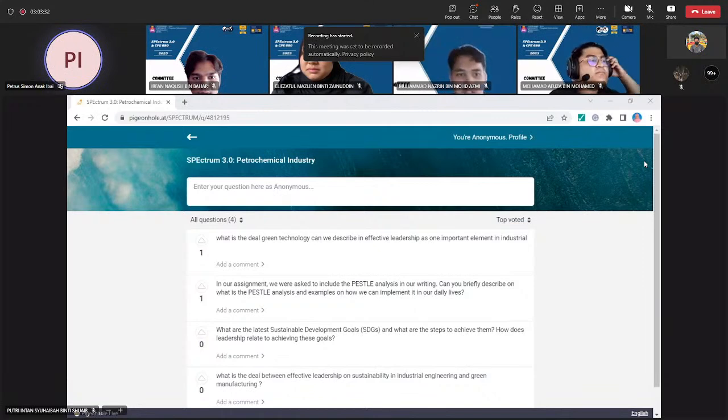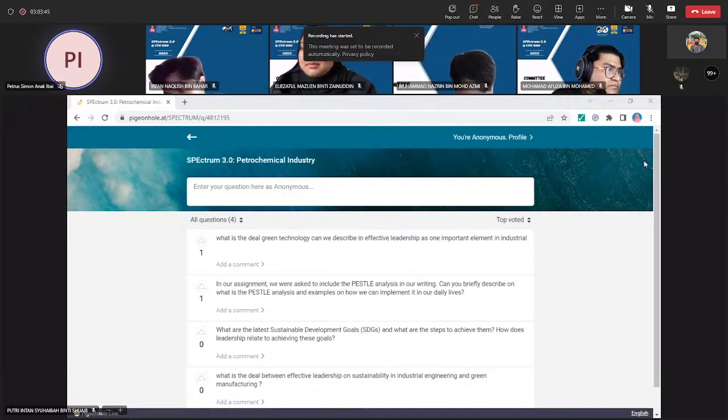Okay. The next question is, what are the latest sustainable development goals and what are the steps to achieve them? How does leadership relate to achieving these goals? If you still remember, from the United Nations, there are 17 SDGs.